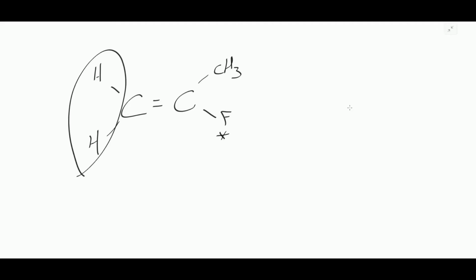But here you have 2 things that are the same, 2 hydrogens. Neither one is going to be heavier, so it's not E and it's not Z. So you just wouldn't label that double bond at all. You still have to name it.